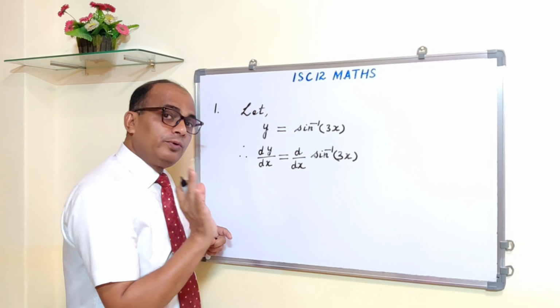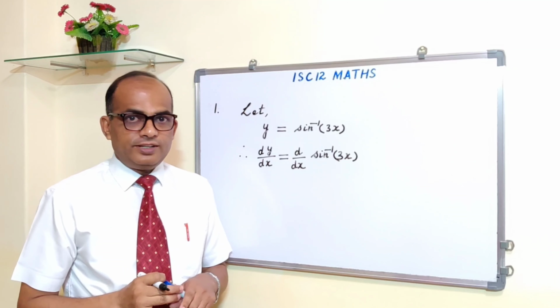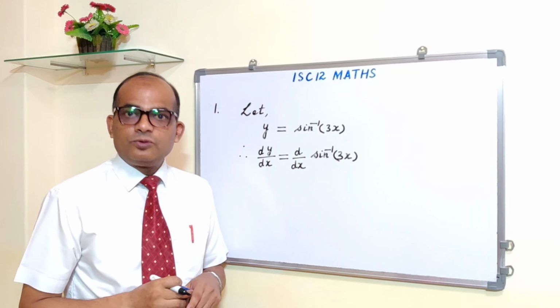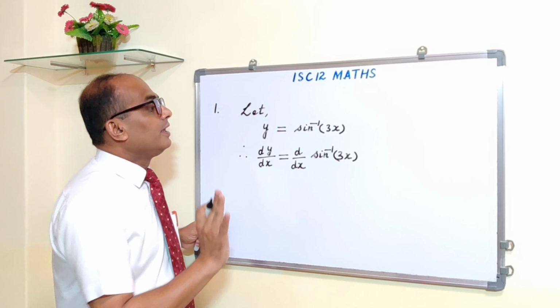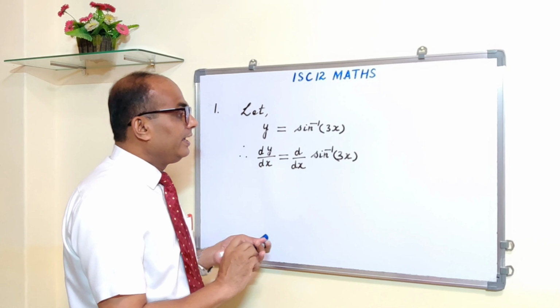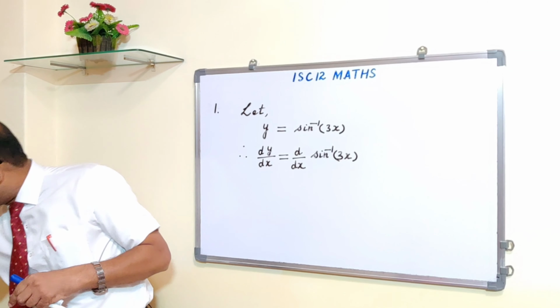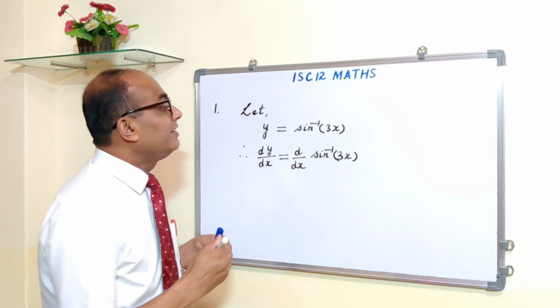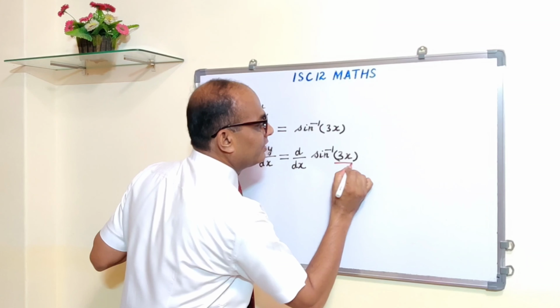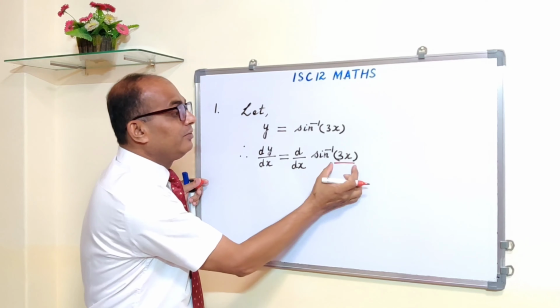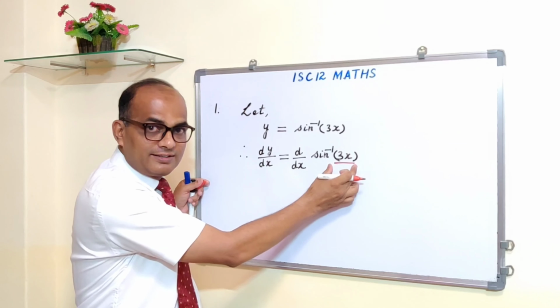Now, you know the formula d dx of sine inverse x is equal to 1 upon root 1 minus x square. But here, this total we consider as x.